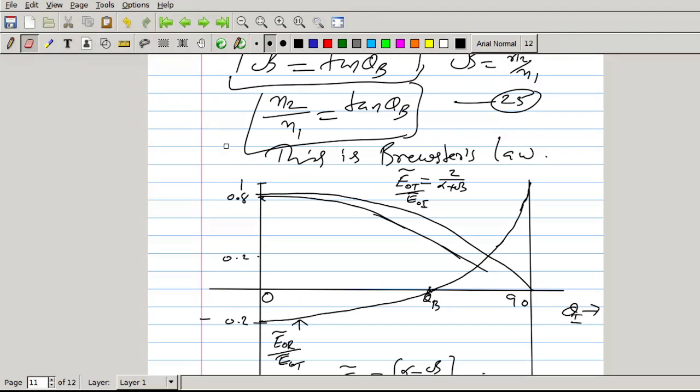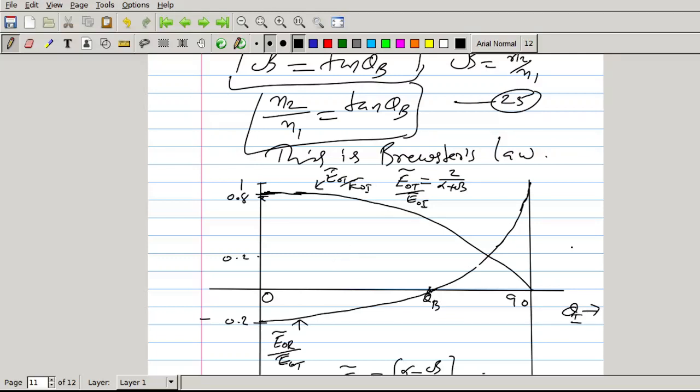So it will be like this. So this is the variation of E0 transmitted by E0 I, the ratio of transmitted wave to incident wave.